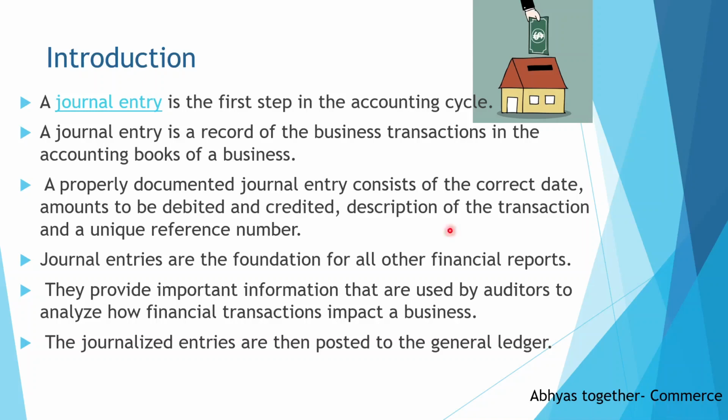This forms the basic foundation for all other financial reports. We post the ledger entries only on the basis of the journal entries. From the ledger, we prepare the trial balance, the trading and profit and loss account, or the balance sheet, which will be helpful for us to understand the financial status of a company.